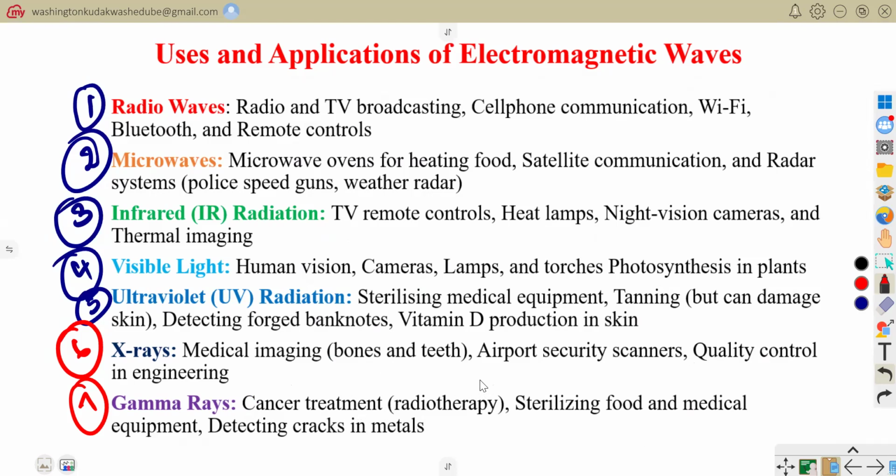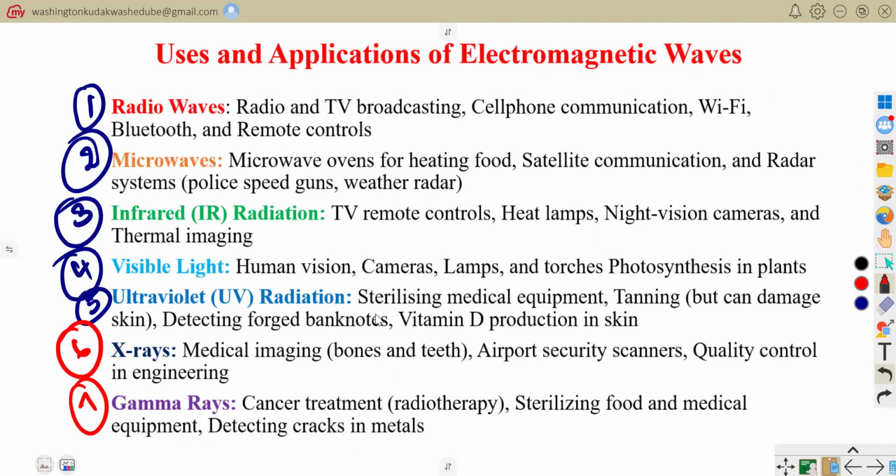This is due to their high penetrating energy or high radiation. They can kill these cancerous cells. They are also used for sterilizing food and medical equipment as well, since they also carry high radiation like ultraviolet. They can be used for detecting cracks in metals as well.